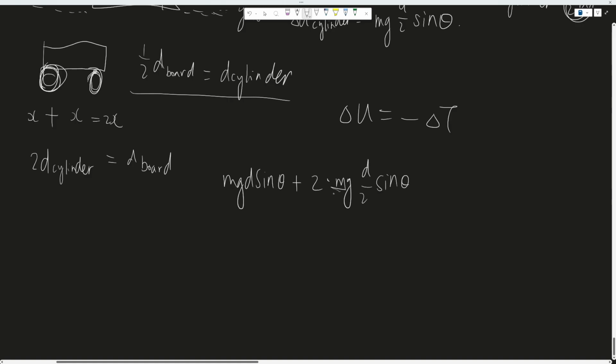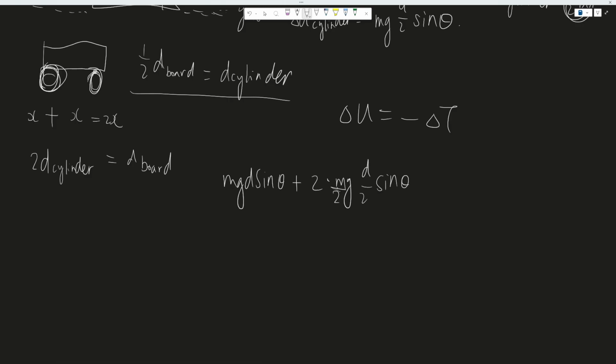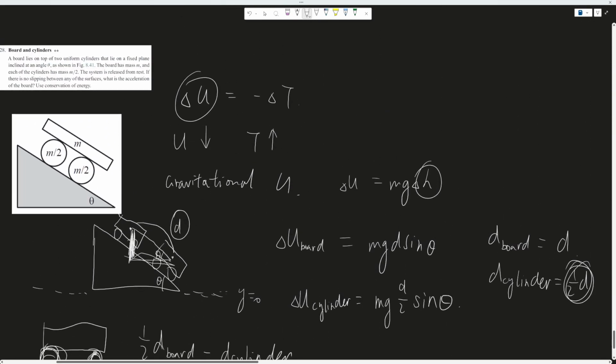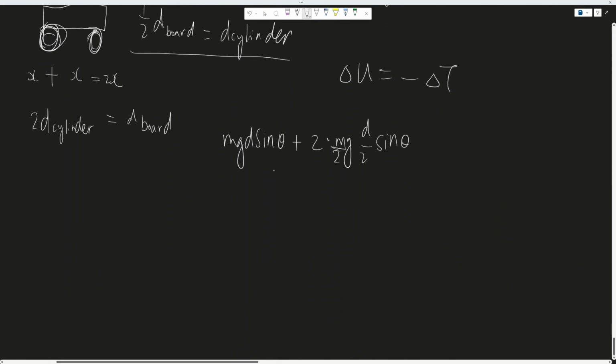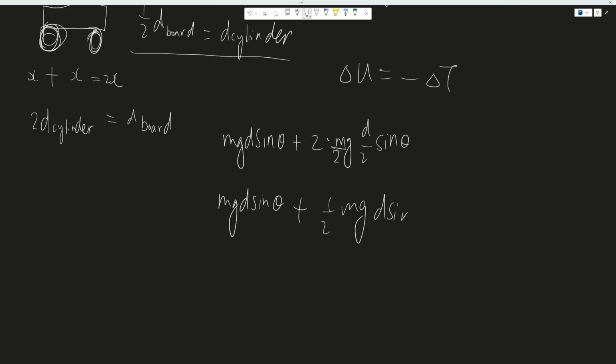And then it's actually 2 times half m times g d over 2 sine theta, because the mass of the cylinder is m over 2. And so now we have mg d sine theta plus half mg d sine theta. And so we have 3 over 2 mg d sine theta.